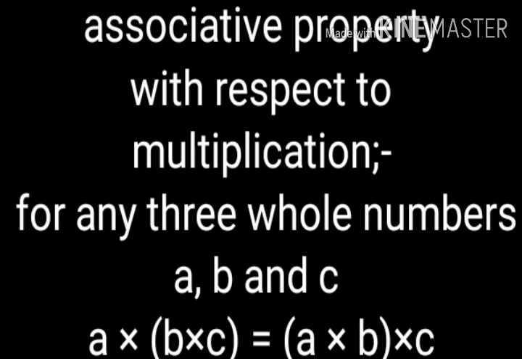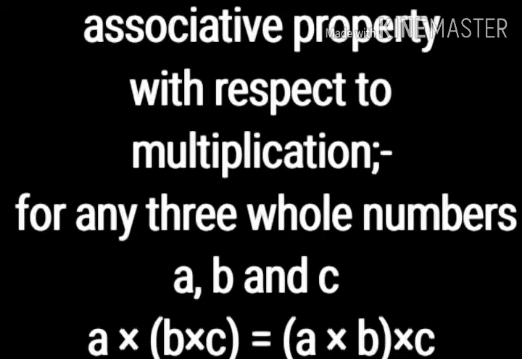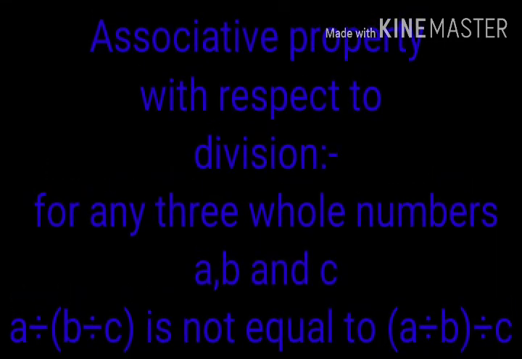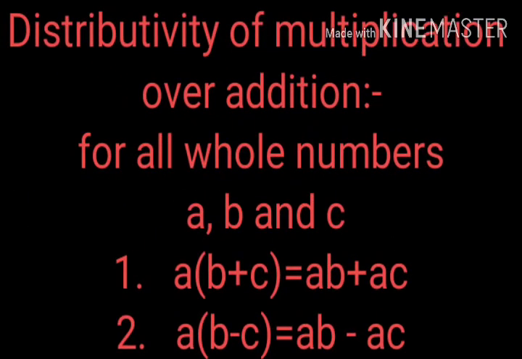For any three whole numbers a, b and c, a into (b into c) equals (a into b) into c. Associative property with respect to division. For any three whole numbers a, b and c, a divided by (b divided by c) is not equal to (a divided by b) divided by c, by seeing examples.